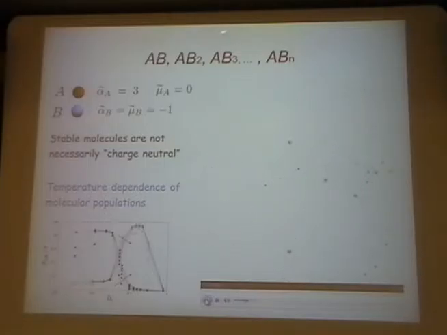And then they form different types of molecules, so AB, AB2, AB3. In this particular case, the positive valence of A is 3 and the negative valence of B is -1, which means that you would expect from equilibrium for them to make AB3 as the stable molecule. Turns out AB2 is the more stable molecule, and it's a molecule that can exist in two different types of isomers.